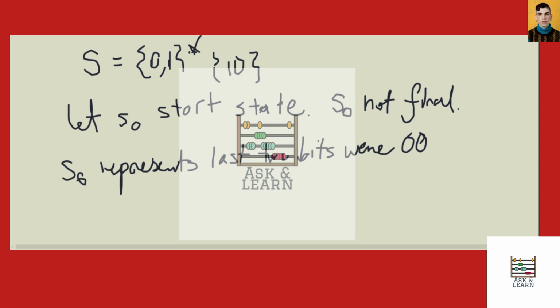So this is very specific. This means that either the first bit was a 0, or there's been no bits yet, or the last two bits were 0, 0. It's the more general representation.